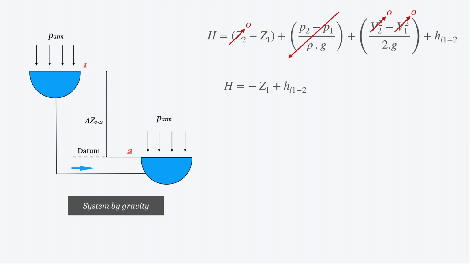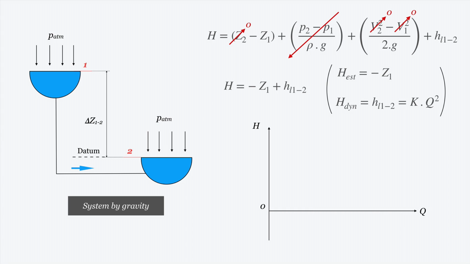That means that this geometric head is helping us to convey the fluid from vessel 1 to vessel 2. This is the action of gravity. That's the meaning of the minus sign here. So the static head will be negative, minus Z1, and the dynamic head the same as we have seen before.